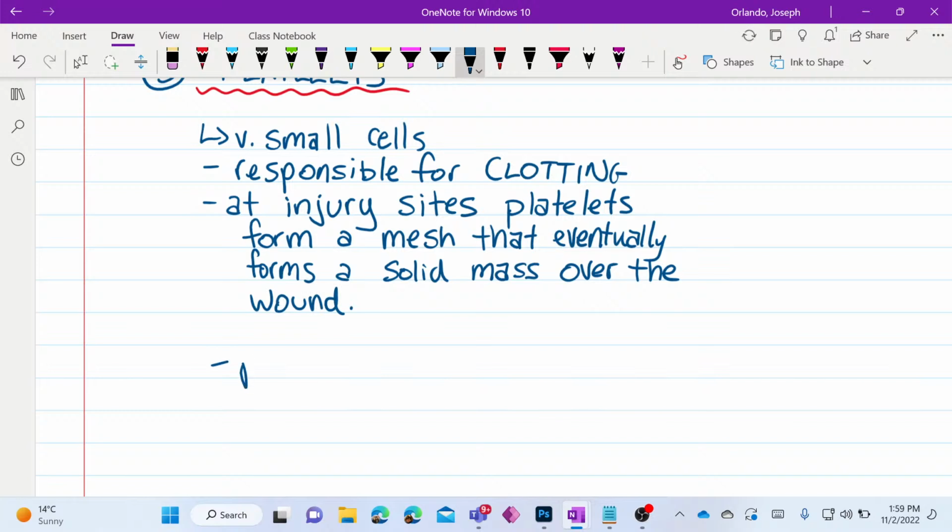And this prevents blood loss until new tissues can form, like new skin cells or new muscle cells, whatever the case may be.